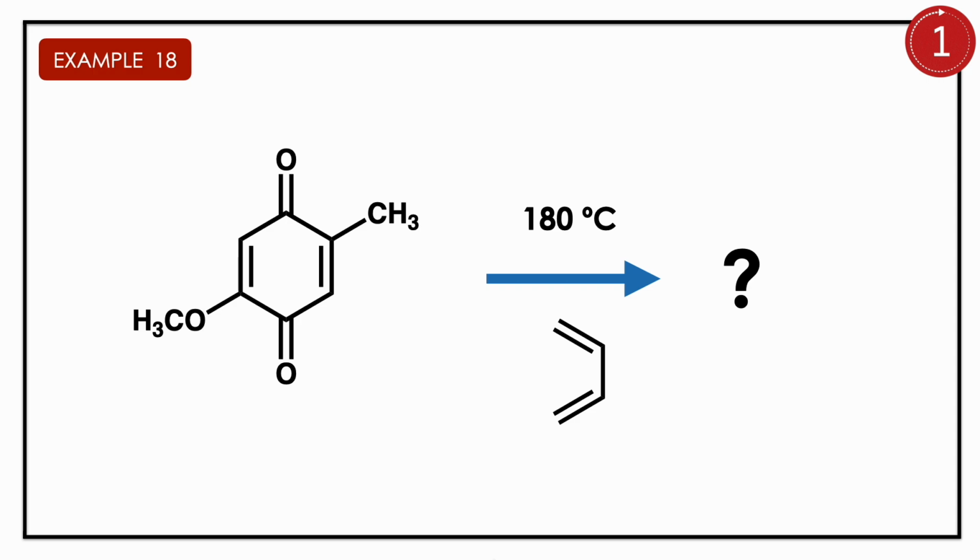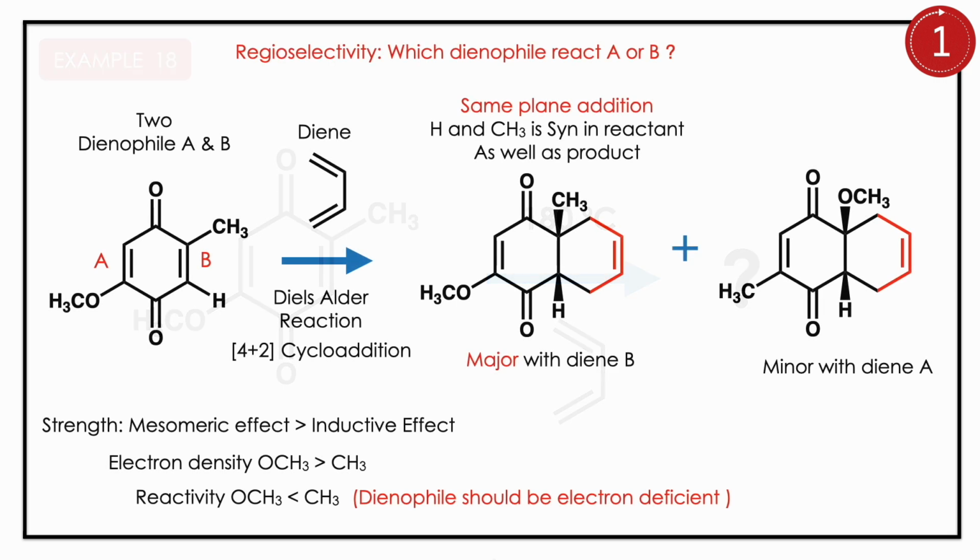Then the next example, you have a conjugated ketone which is a quinone-like architecture. You have methyl and methoxide, heating it up, and butadiene is there. You should find what will be the final product. Here you have two dienophiles and a diene. Definitely it's a Diels-Alder reaction, which is a 4 plus 2 cycloaddition.